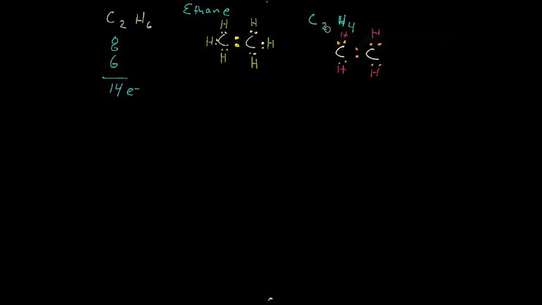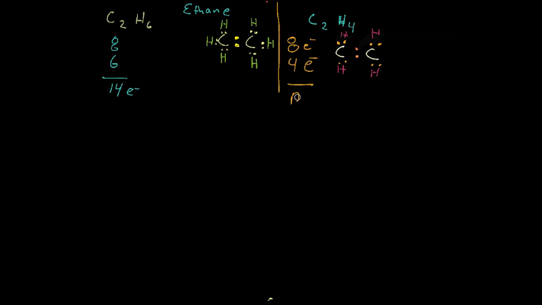Now all we need to do is add up our valence electrons over here. Let me draw a quick line in between these so we know what we're working with. We know that carbon likes to have 4 valence electrons, and there's 2 of them, so that's 8 electrons for carbon. And hydrogen likes to have 1, and there's 4 of them, so that's 4 for hydrogen.